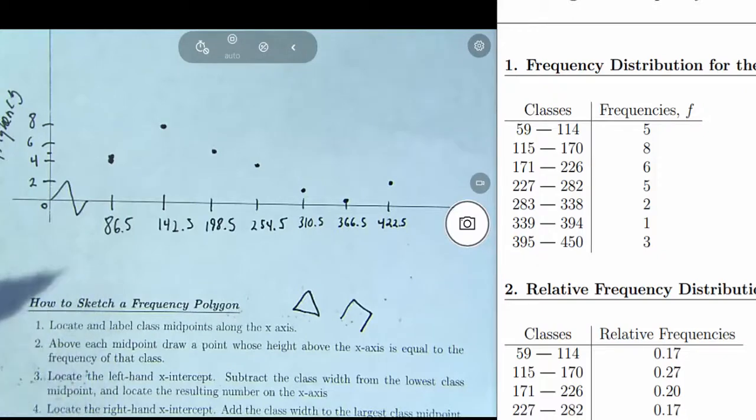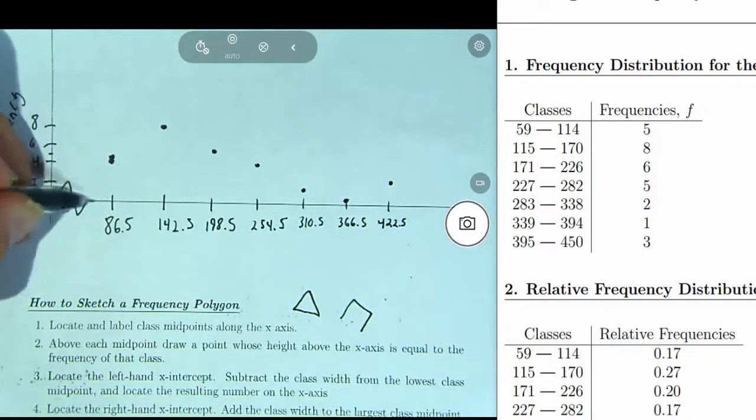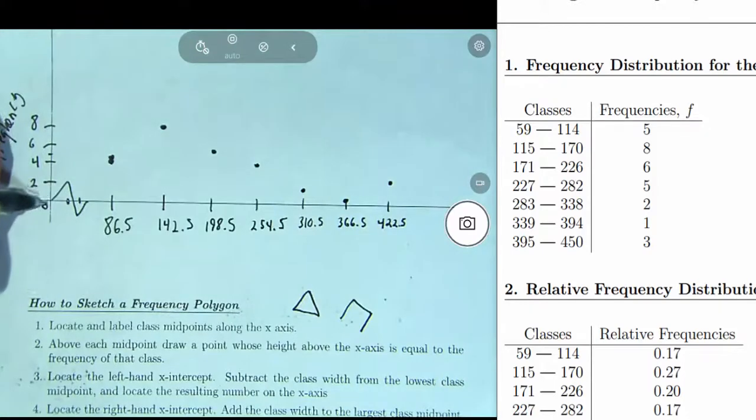So because we're making a frequency polygon, we need to make a closed geometric figure with the x-axis. This requires that we do steps 3 and 4, locating the x-intercepts. Okay, so there's a left-hand intercept, and we're going to locate that intercept the same distance away from the midpoint. So I need to put it, I guess, about right here. Need to modify this, put my broken line here.